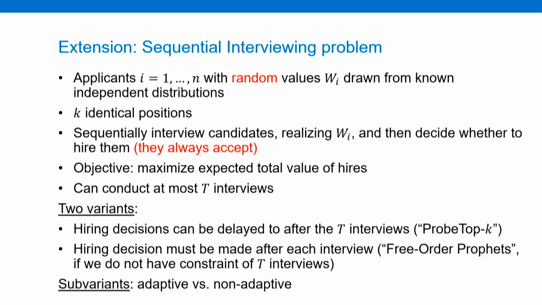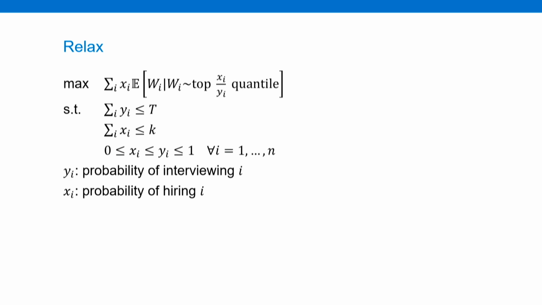Now I'm going to tackle this extension using relax and round. For the relax step, I'm going to write a similar program, but now I need two variables. yi is the probability of interviewing i, and xi is the probability of hiring i.